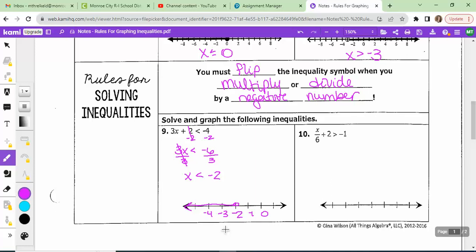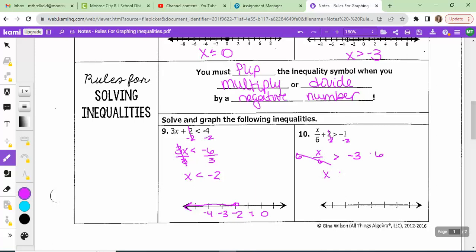Number 10, what would we do? Subtract. Yep. First you have to get rid of any addition or subtraction. So we subtract that 2. So then we have x divided by 6 is greater than negative 3. So then the opposite of dividing by 6 is multiply by 6. As long as it's a positive, nothing changes.